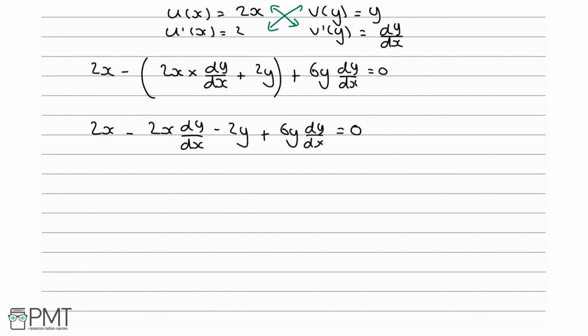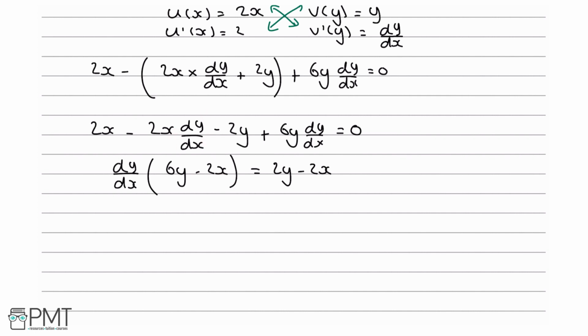So we're going to have dy by dx times (6y minus 2x) equals 2y minus 2x. Now what I've done here is rearrange the 6y and the minus 2x, putting the 6y forward to keep the minus 2x after it.